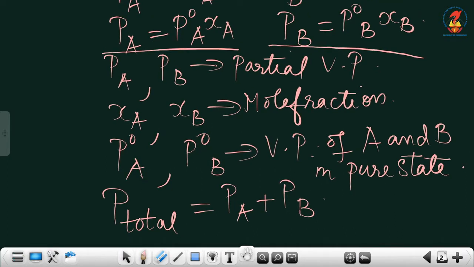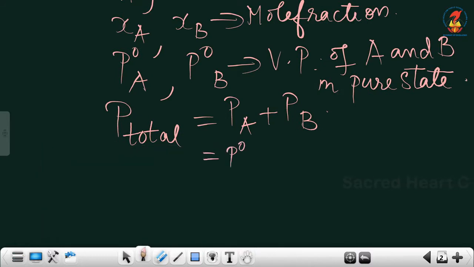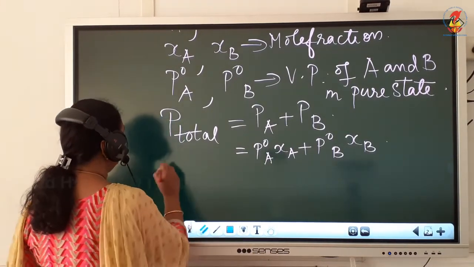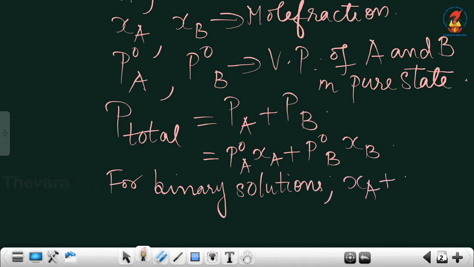So P total is equal to P naught A XA plus P naught B XB. Now, we know that for a binary solution, XA plus XB is equal to 1.